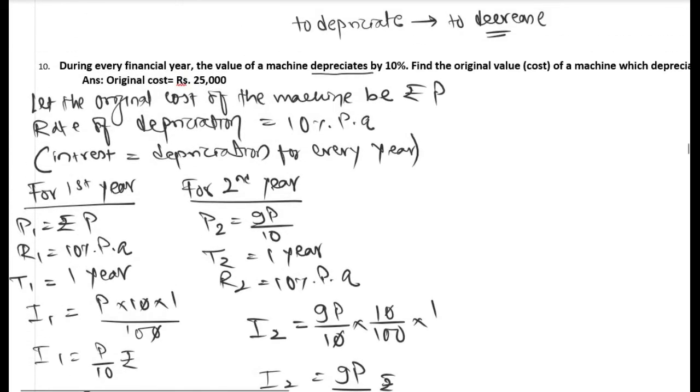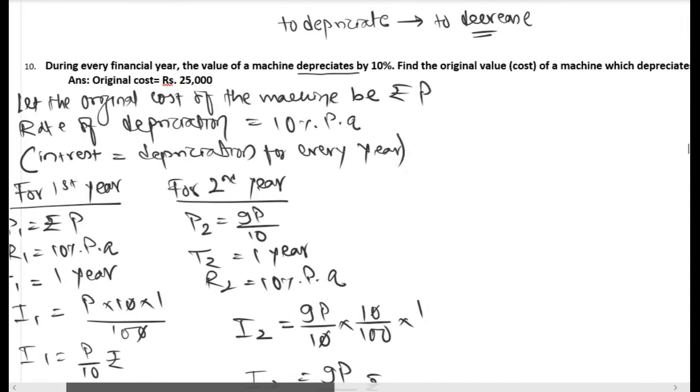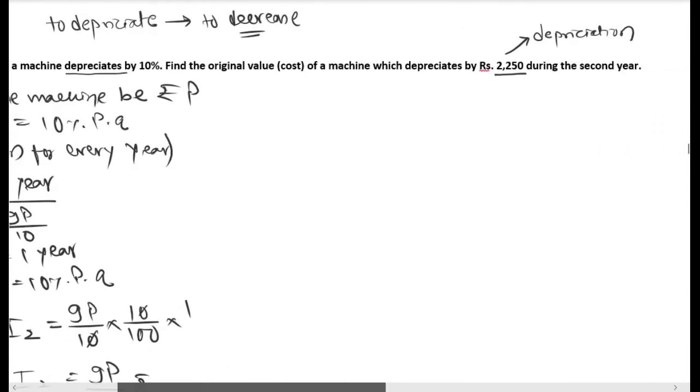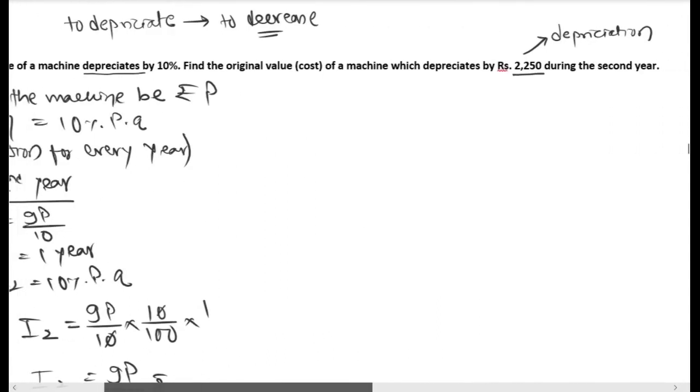Now they have said in the question, find the original cost of the machine which depreciates by rupees 2250 during the second year. So here we have got the depreciation during second year. Therefore, depreciation during second year is equal to rupees 2250.